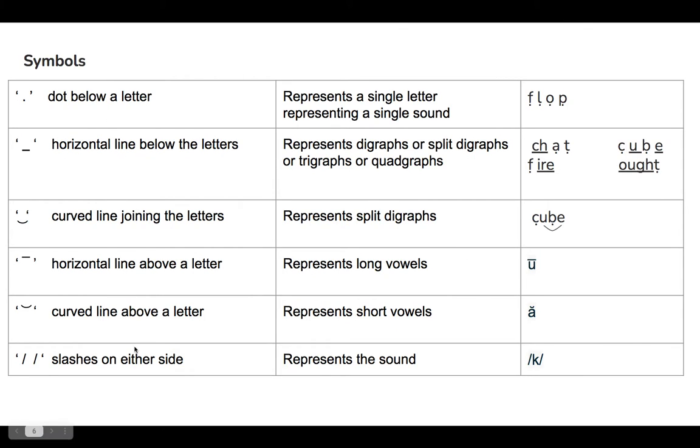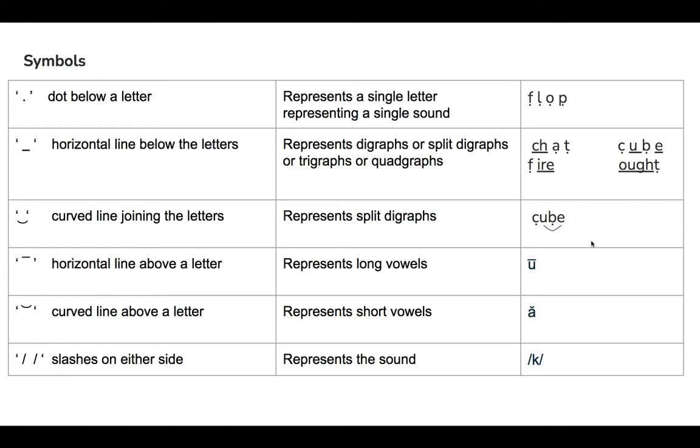So here are some symbols we have used so far. A dot below the letter represents a single letter representing a single sound, and a horizontal line below the letters represents digraphs or trigraphs or quadgraphs.